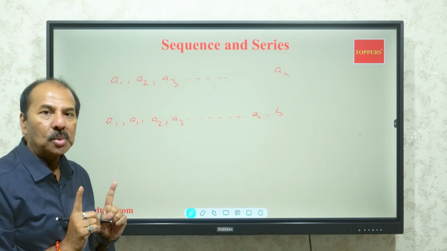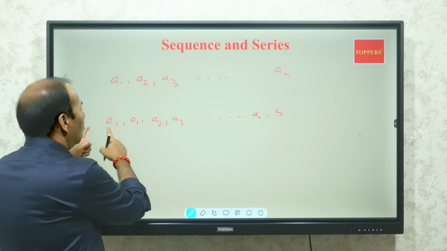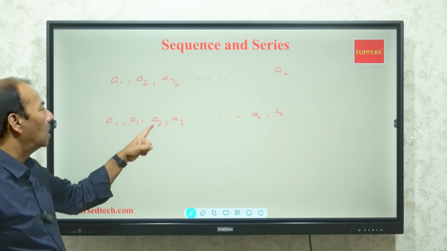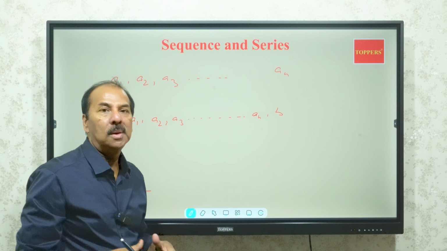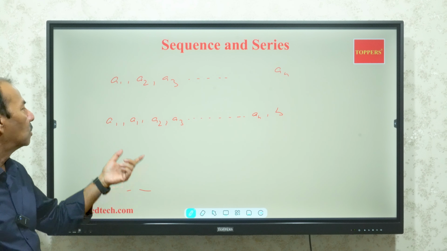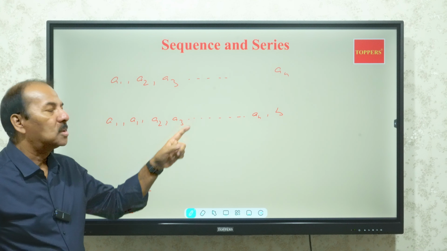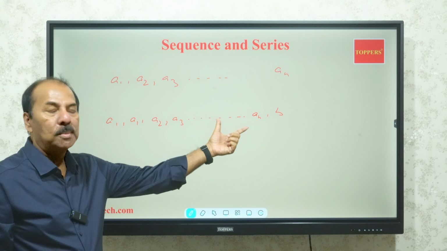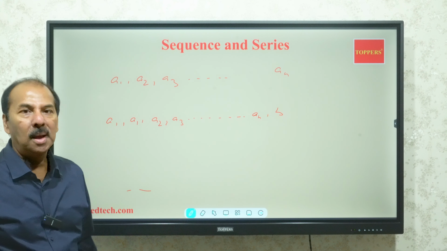Once you introduce n arithmetic means, this sequence a, a1, a2, a3, up to an, and b is in arithmetic progression, because all these terms a1, a2, a3 have been introduced in such a manner that they are the n arithmetic means between a and b.